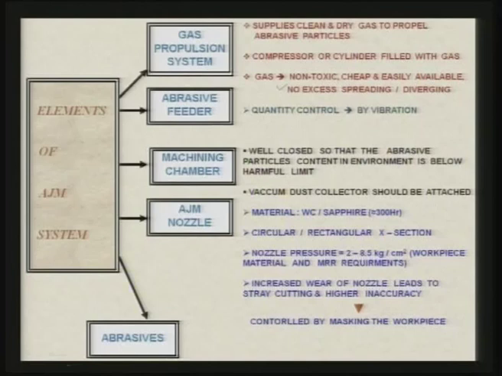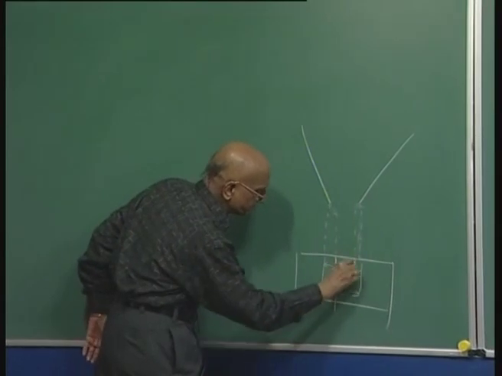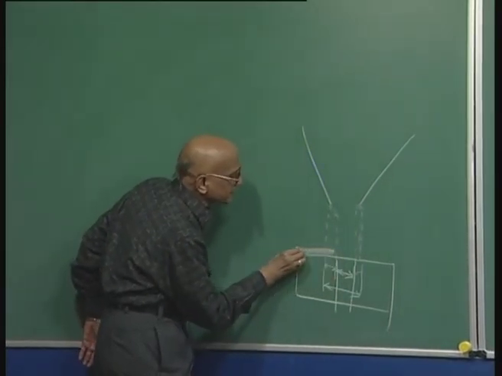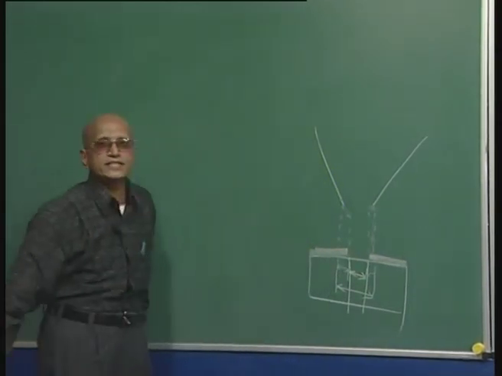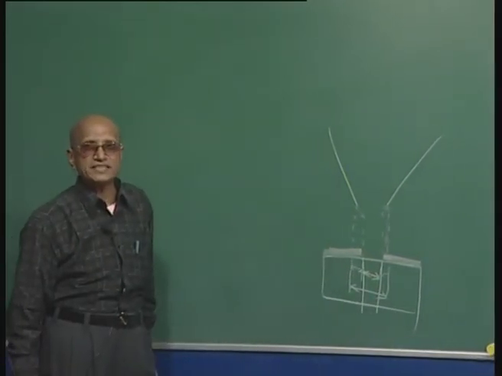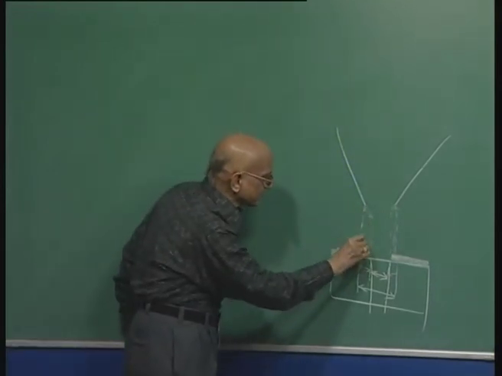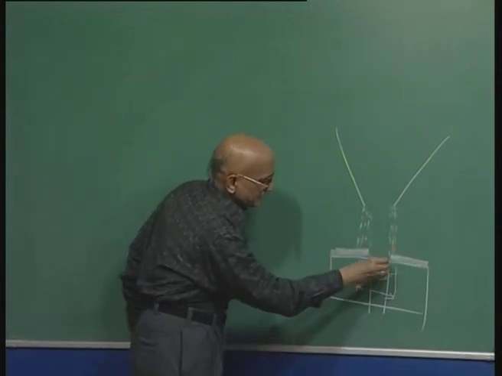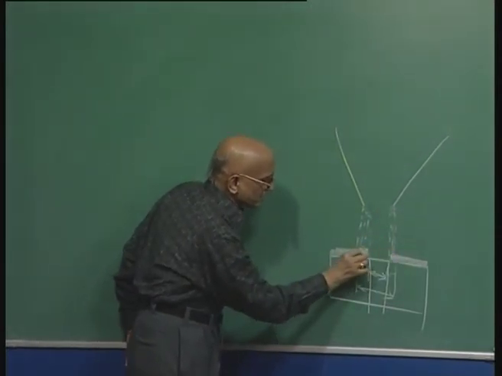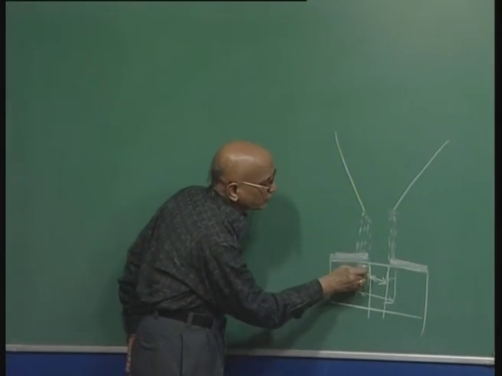One of the ways is you can control it with the help of masking the workpiece. I will just show you here. If you want the cutting only in this region, you can use the masking in this region, and this masking can be made of a light material, so that when the abrasive particles hit the mask, they will remove the material from the mask, but they will not remove the material from the workpiece over here.